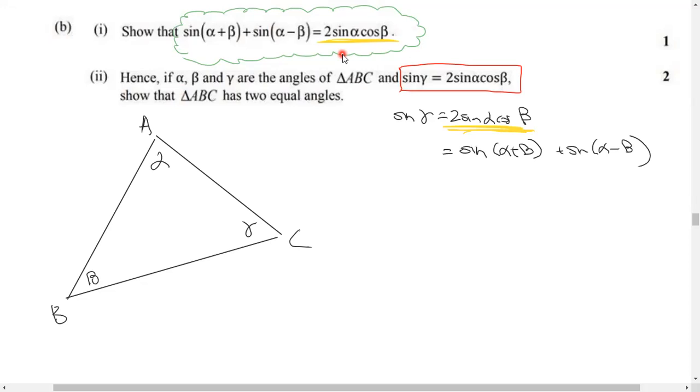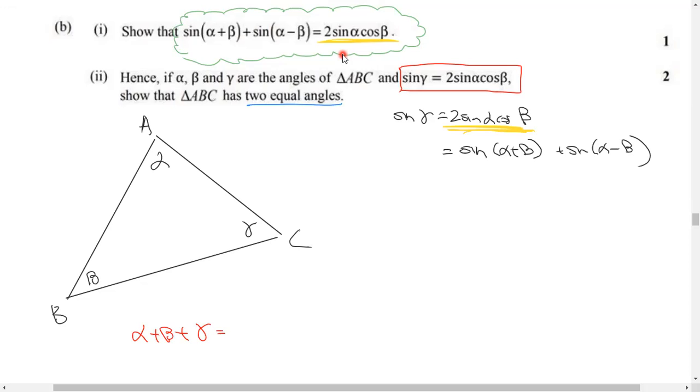Now, you're trying to show that it has 2 equal angles. You're not really told which angles are equal, but you want to basically show it's isosceles. So basically either alpha equals beta, or alpha equals gamma, or beta equals gamma, one of them. There's a pair that are equal. We also know that they're angles in a triangle, right? So we should also think of what the sum of the angles are.